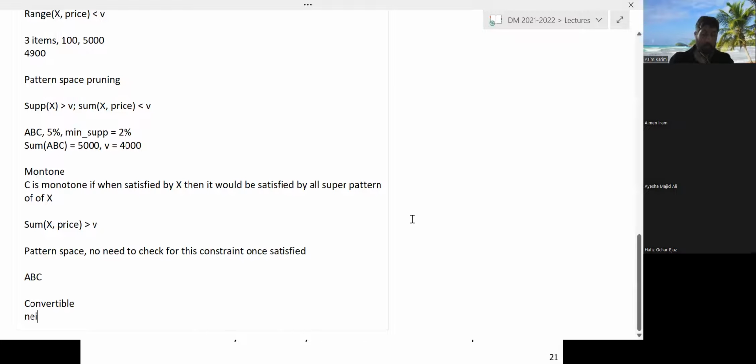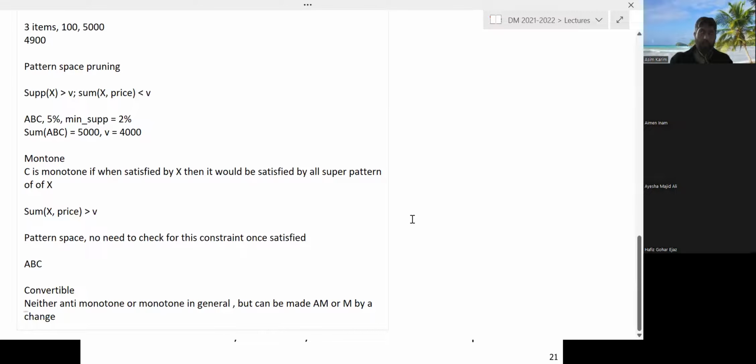Okay. So neither anti-monotone or monotone in general, but can be made anti-monotone or monotone by a change in ordering of items in item sets.